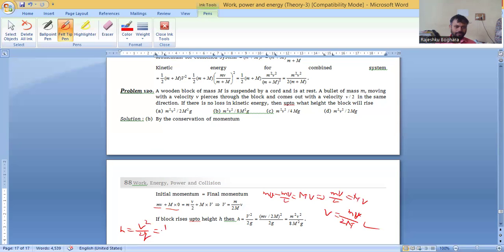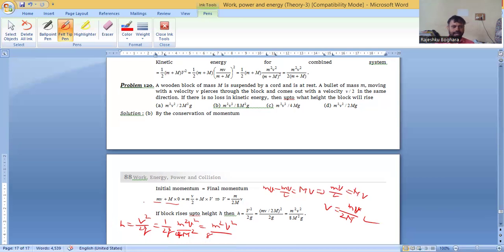Putting the value, 1 by 2g into m square v square by 4 capital M square. We have to take the square, this will be 4, M square will come. So 4 into 2, 8, and g, capital M square. So this will be the answer.